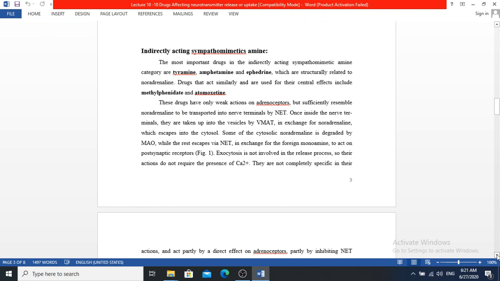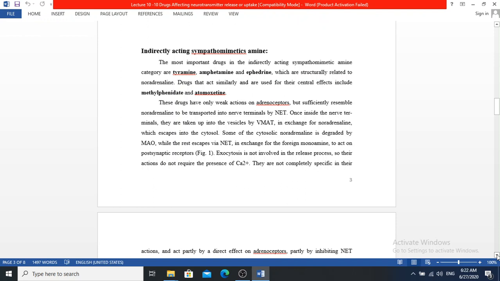They are structurally related to noradrenaline. Drugs that act similarly and are used for their central effect include methylphenidate and atomoxetine.